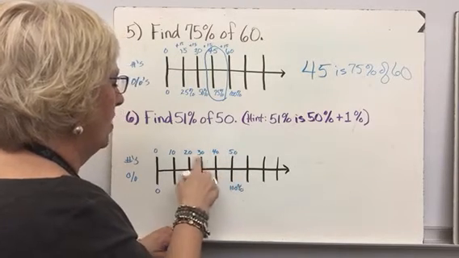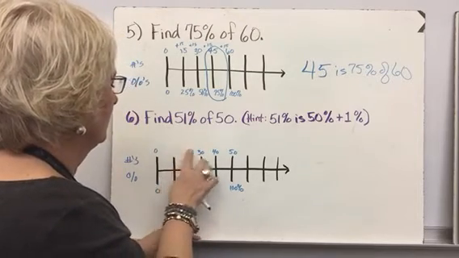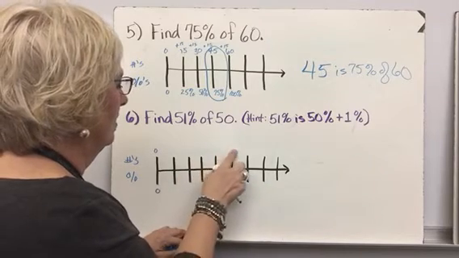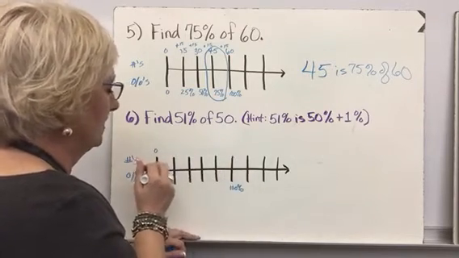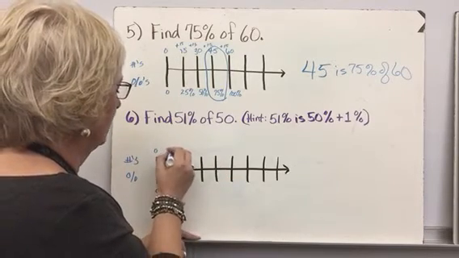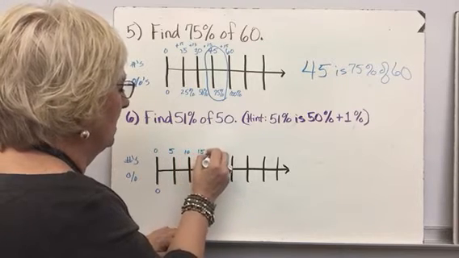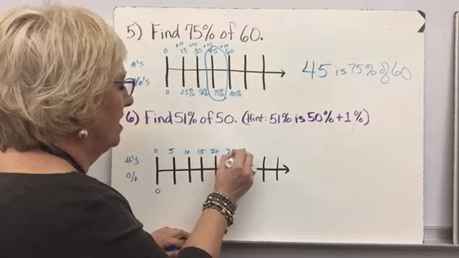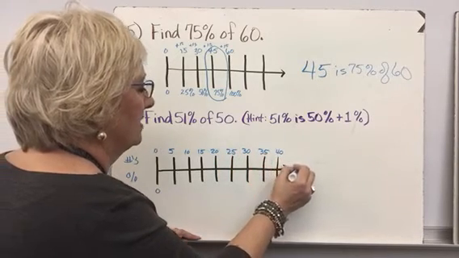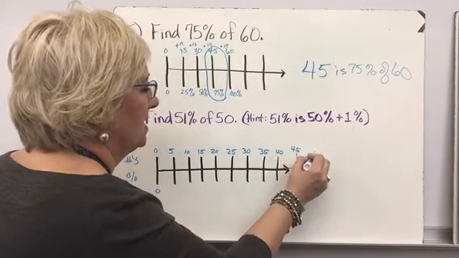Okay. Now, let's go back and do these as 5, 10, 15, 20, 25, 30, 35, 40, and I've got to extend this, and I'm just making it easy on us, 45, 50.